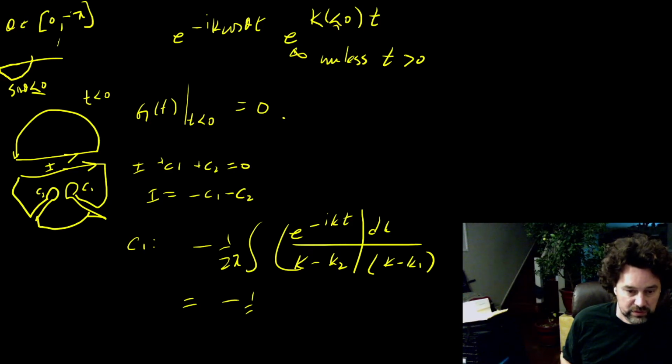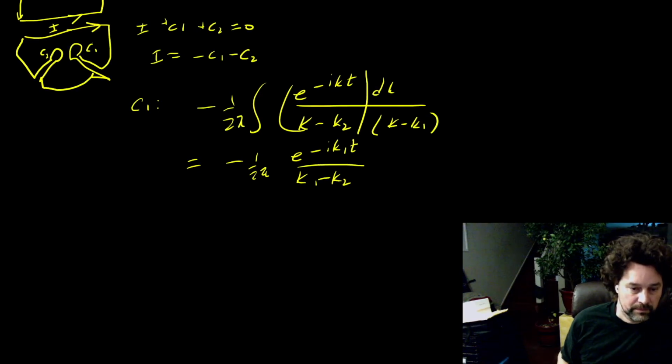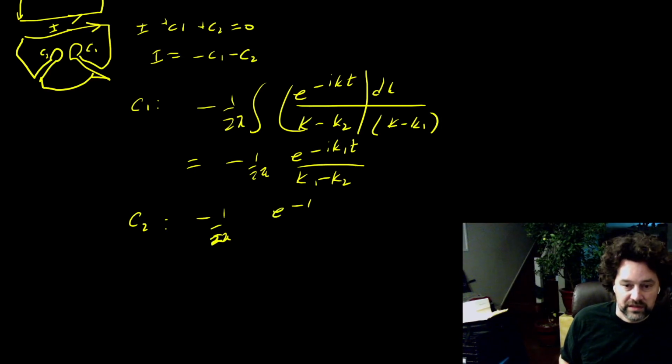So that is minus 1 over 2 pi times e to the minus i k1 t divided by k1 minus k2. And then our integral around C2 is minus 1 over 2 pi, that's 2, e to the minus i k2 t divided by k2 minus k1.